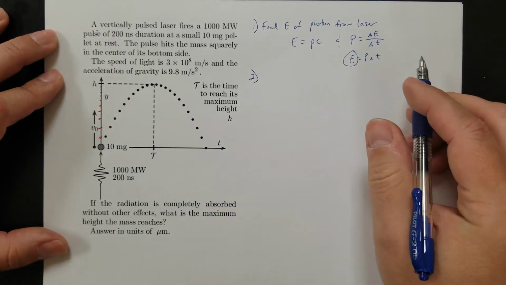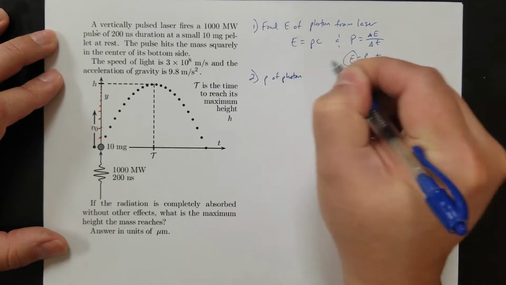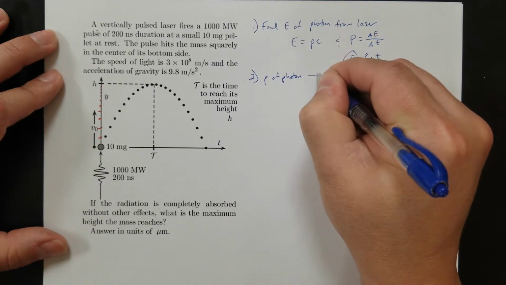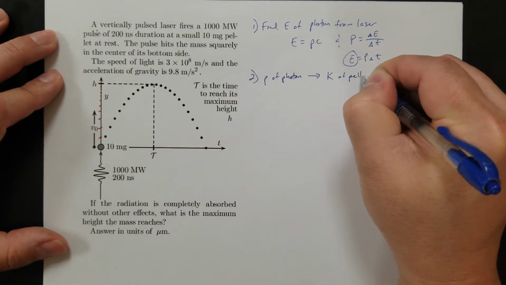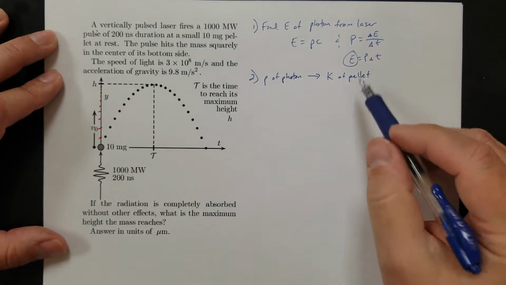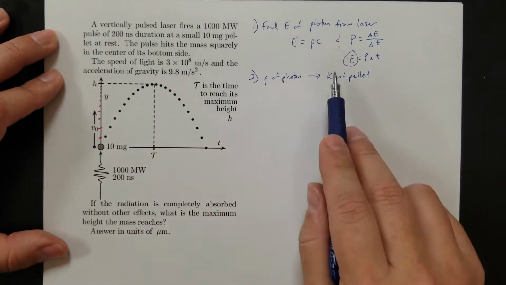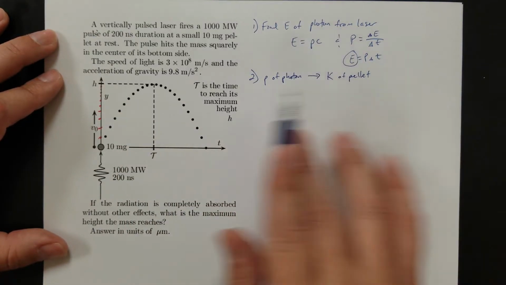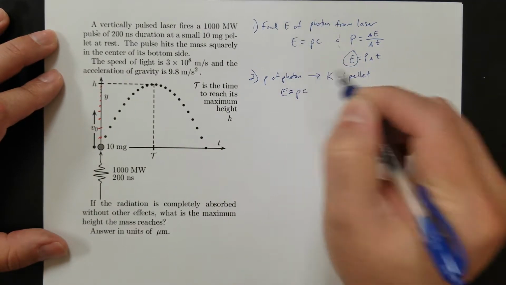So the next thing I got to do is the momentum of the photon, right? That's going to become the kinetic energy of the pellet. So this photon momentum is going to hit this, and it's going to become the kinetic energy of the pellet. So this is where I'm going to say E equals PC, right?